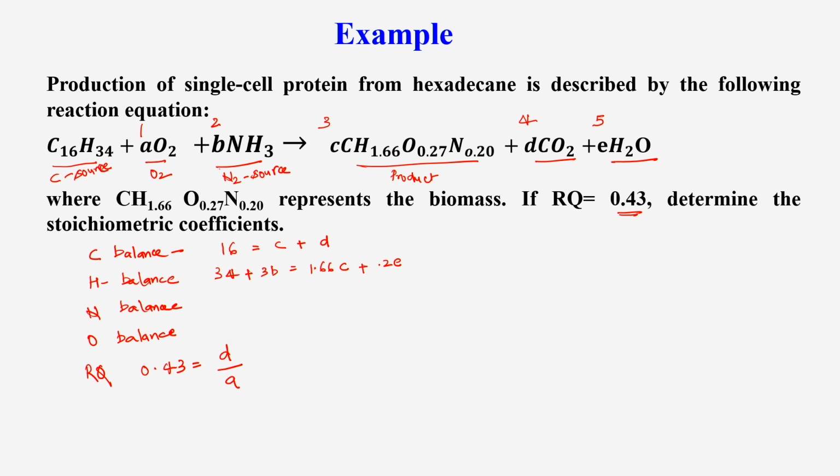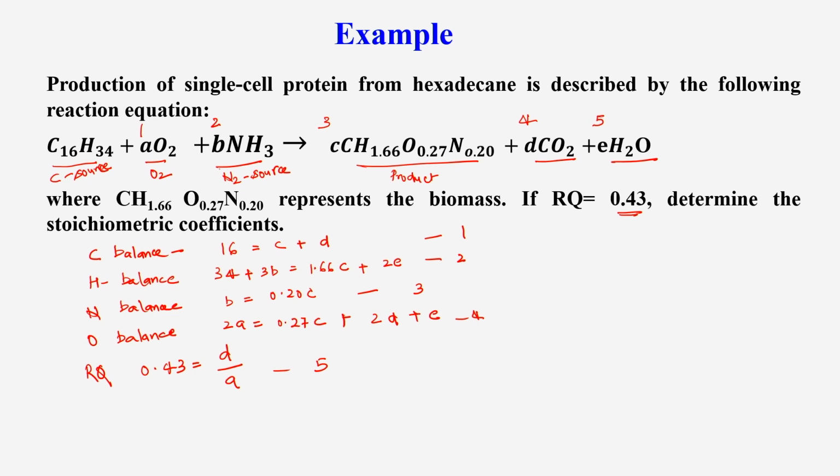Nitrogen balance: this side nitrogen is B, equals the right side nitrogen, 0.20 C. Oxygen balance: this side oxygen is 2A, equals 0.27 C plus 2D plus E. So, these are the 5 equations, 1, 2, 3, 4, 5.